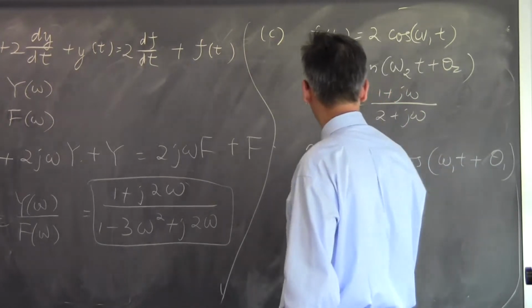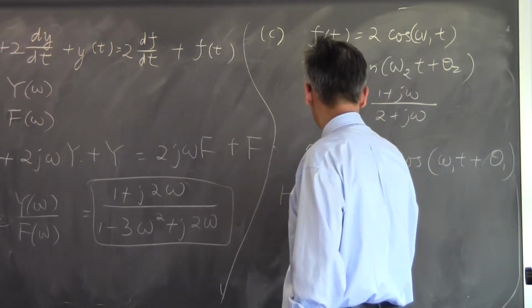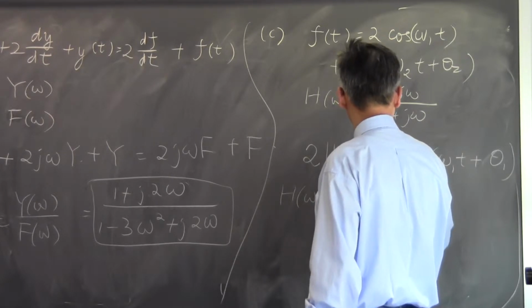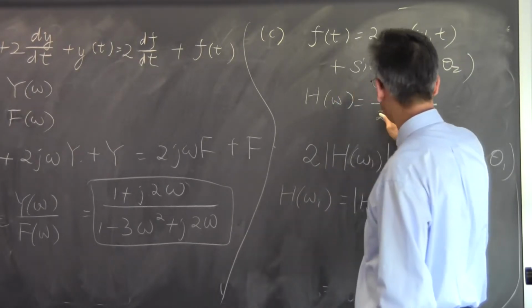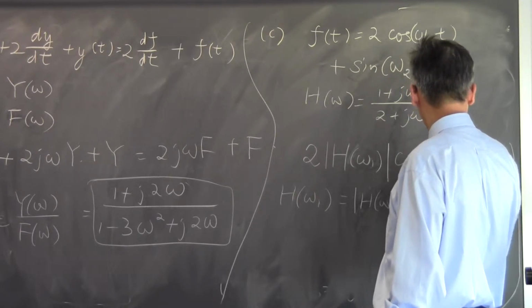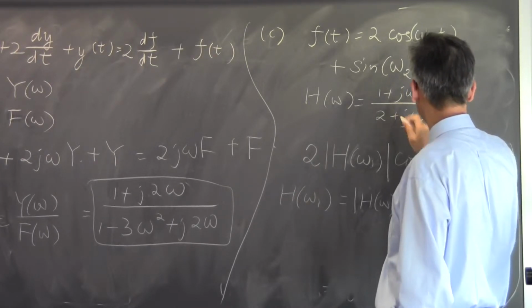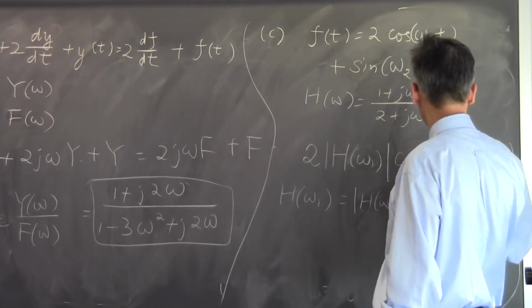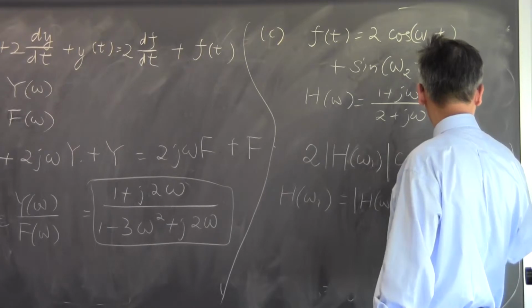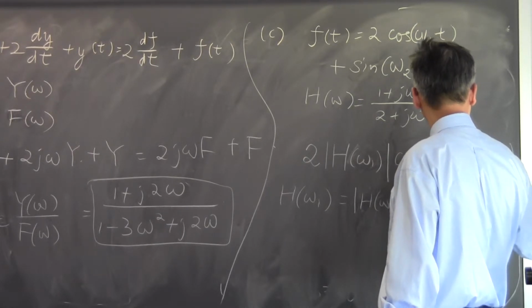And the angle I have to figure out, H of omega 1 is equal to magnitude of H of omega times the angle. The angle is e to the j arctangent of omega 1. Okay, this should be omega 1. And then the denominator is minus j arctangent.